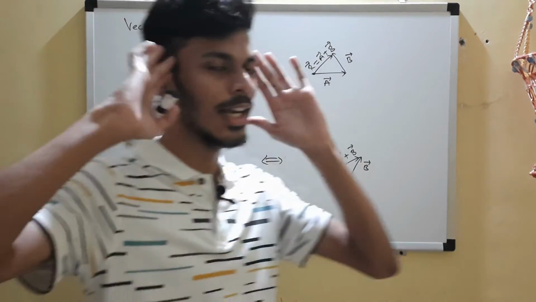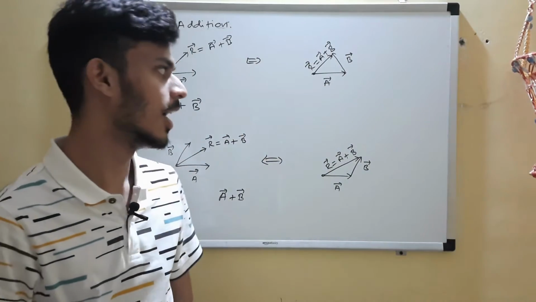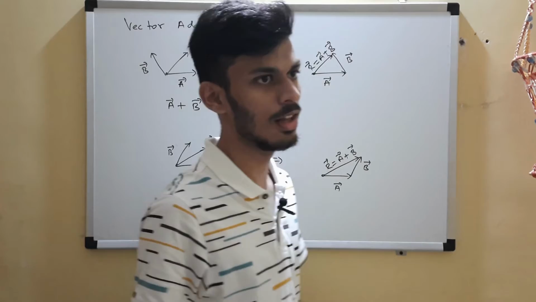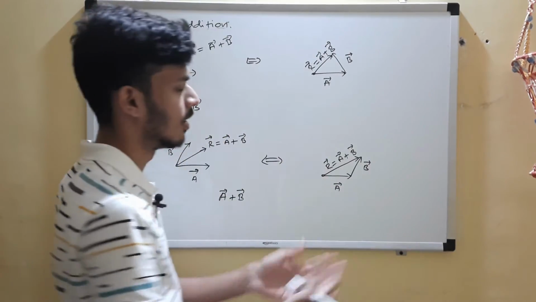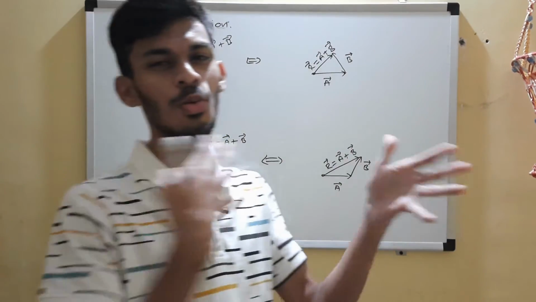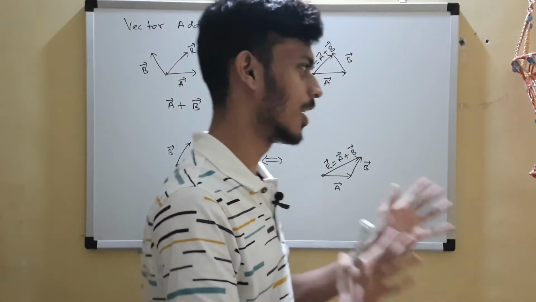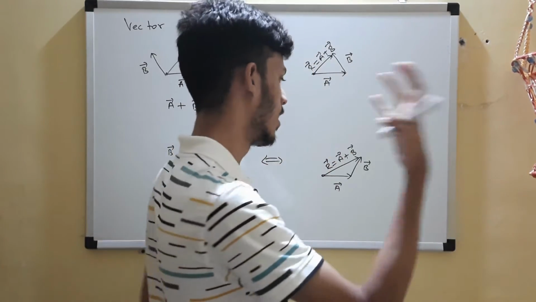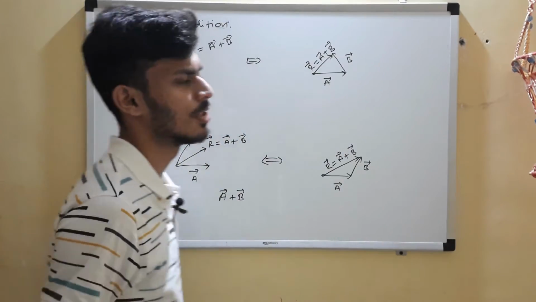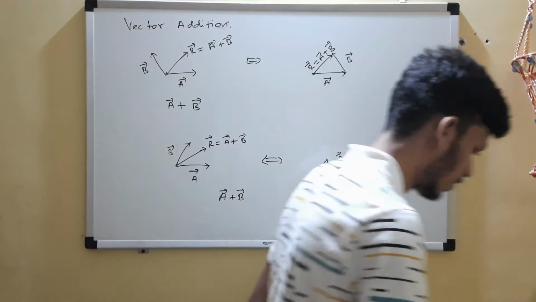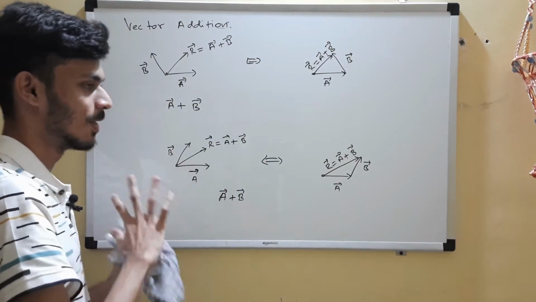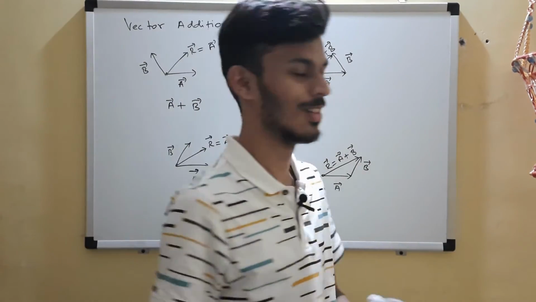The only idea that I have to put in your head is that the parallelogram law and the triangle law are not two very distinct things. They are the same thing. You'll get the same results through the parallelogram and through the triangle law. So if you know the triangle law, you directly know the parallelogram law as well.